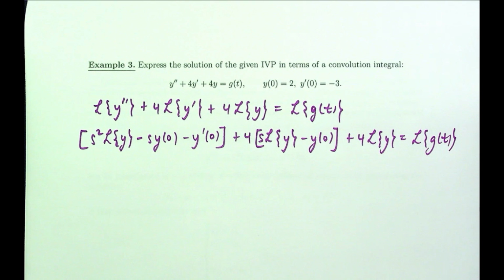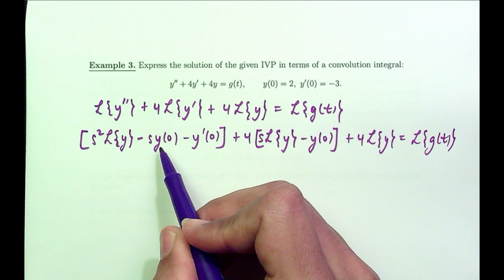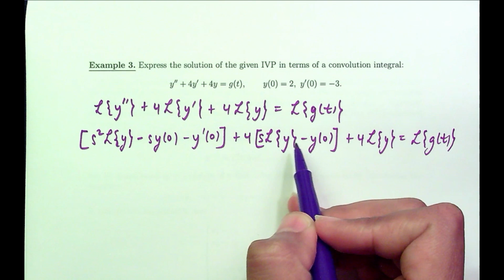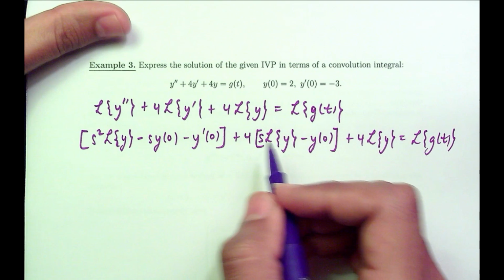Now we plug in the initial conditions. We know what those are, so we just plug in 2 and negative 3 where appropriate.